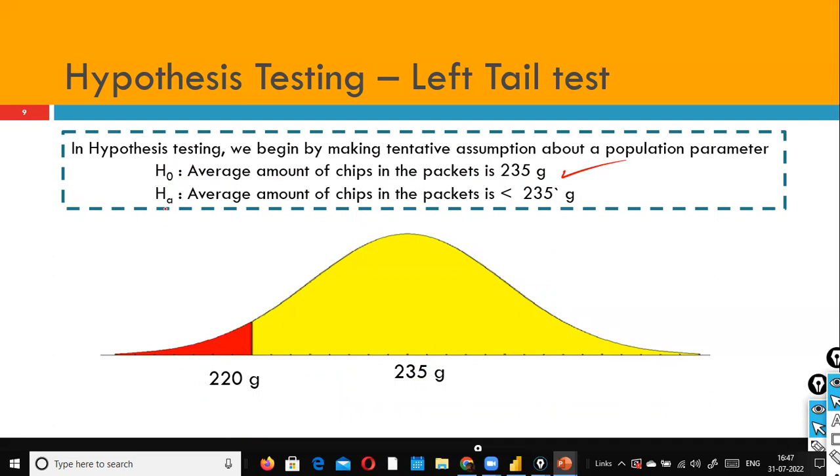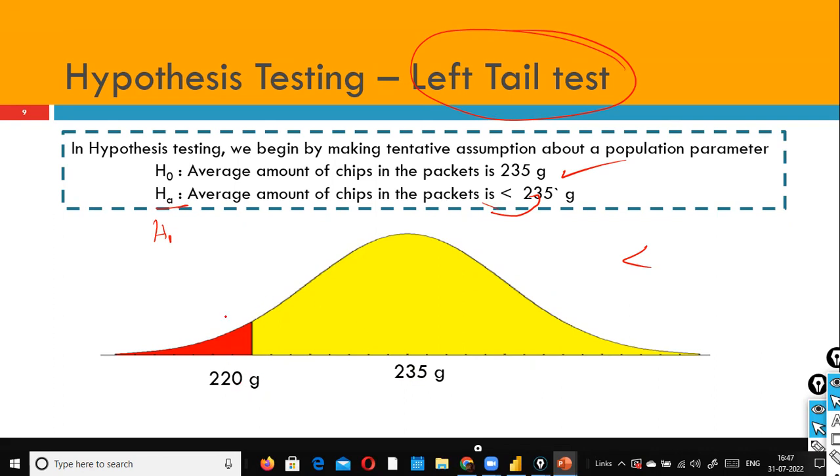And for the alternative hypothesis we use the notation H sub A, or in some cases they use H sub 1. The average amount of chips in the packet is less than 235 gram. So what we are interested in is less than. Anything less than, if you find it, that is a left tail test. Anything less than the statement made by your manufacturer, we call a left tail test.